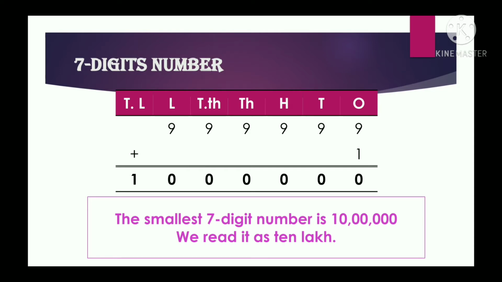Now students, let's see 7 digit numbers. As we have done in 6 digit numbers using the greatest 5 digit number, similarly for 7 digits we can use the greatest 6 digit number, and if we add 1 to the greatest 6 digit number, we get 10 lakhs. The smallest 7 digit number is 10 lakh. We'll read it as 10 lakhs with 6 zeros.